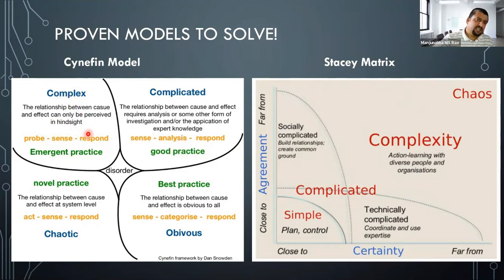Complex environments are again going to be pretty tricky situations where the relation between cause and effect is only perceived as you go, rather than upfront, when you will not be able to figure it out.